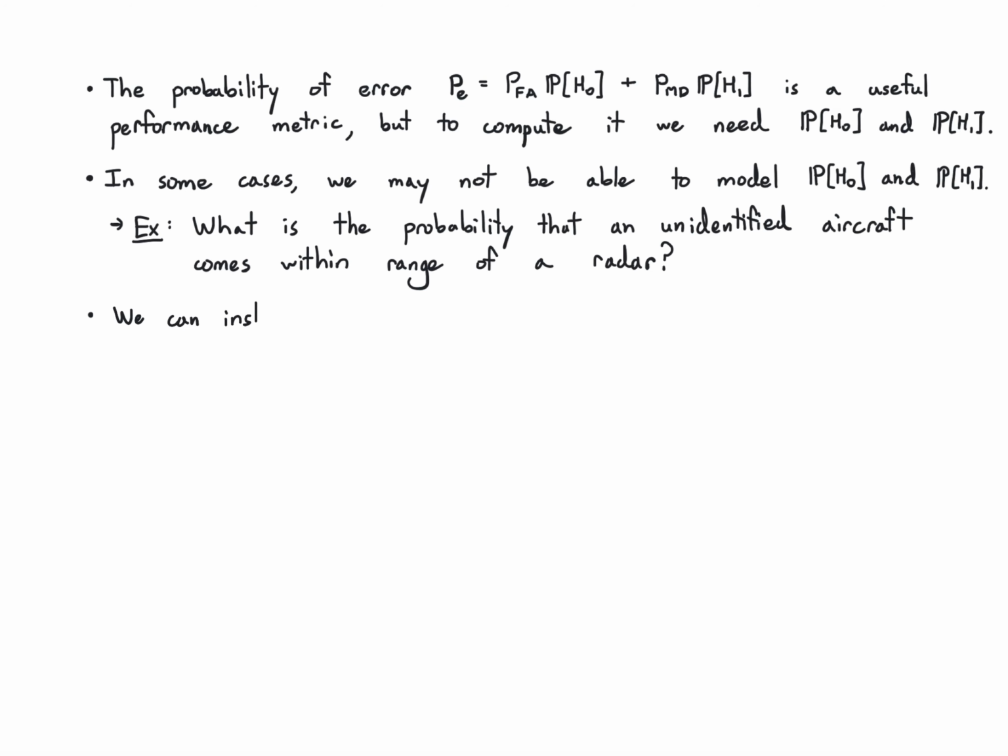What I can do instead is I can start to worry about the trade-off between false alarm, so thinking that it's there when it's not, and actually detecting it when it's there. Okay, so I want to see what the tension is between these two quantities. I want to detect things when they're there, but I don't want to have false alarms. Well, okay, let's flip things around a little bit.